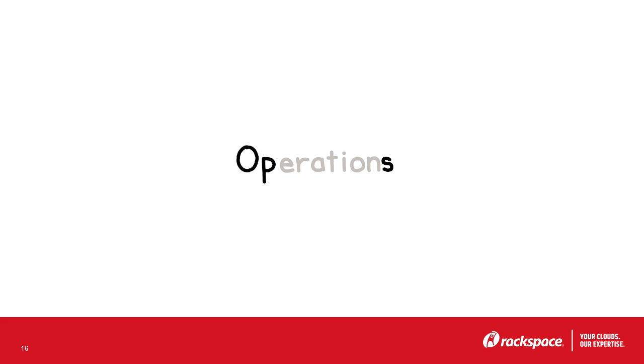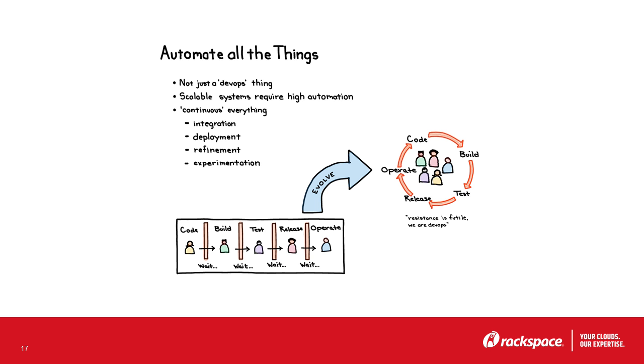The last section I wanted to talk about here is operations, and operations in a scalable environment. This goes back to the whole DevOps model, although it's not just a DevOps thing, and that is automating all the things.